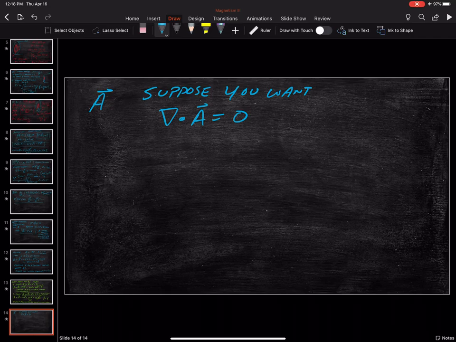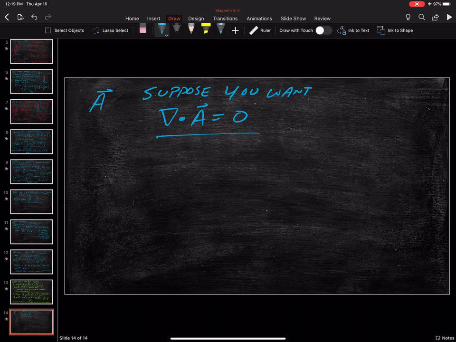Suppose you want A to have 0 divergence. Why would you want to do that? Well, sometimes it might make the equations look simpler. We'll see this in a little bit. How can you do that? You say, well, isn't this some physical thing? Not really. Okay, how can you do it?